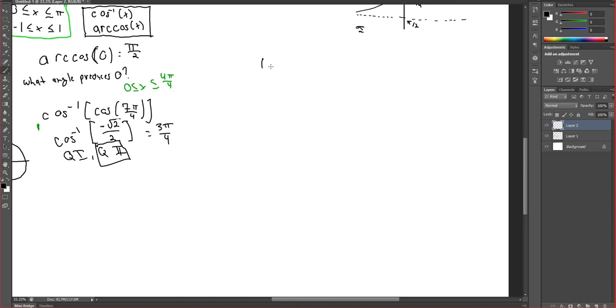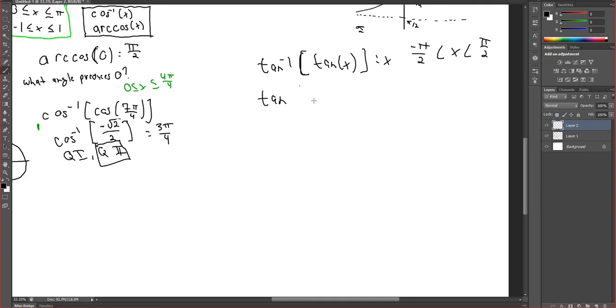I can repeat the idea from before, so tangent inverse tangent of x is equal to x if x is between negative pi over 2 and pi over 2. For this one, we can't actually include the negative pi over 2 and pi over 2, so that's why it's just less than and not less than or equal to signs.